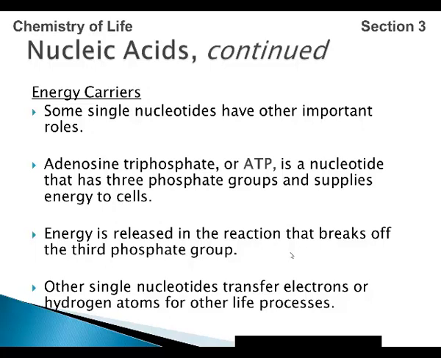It adds energy in order to create ATP. As that ATP moves around to different parts of your body, your body can then break down ATP by breaking off the 3rd phosphate group, and energy is released. And then there are other single nucleotides that transfer electrons or hydrogen atoms for other life processes as well.